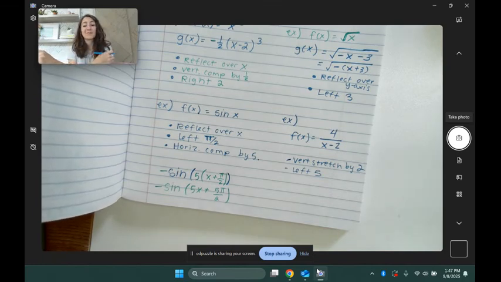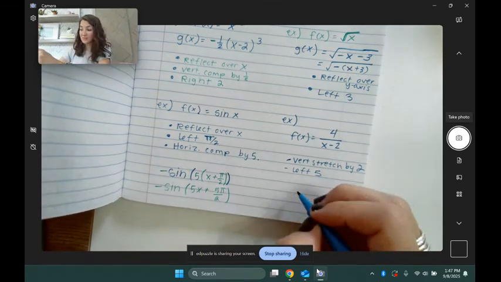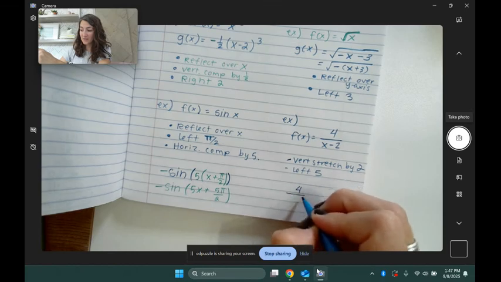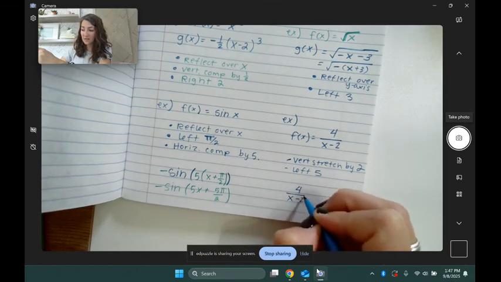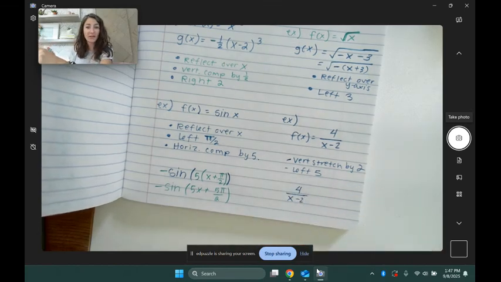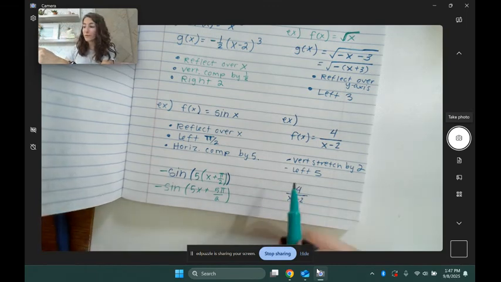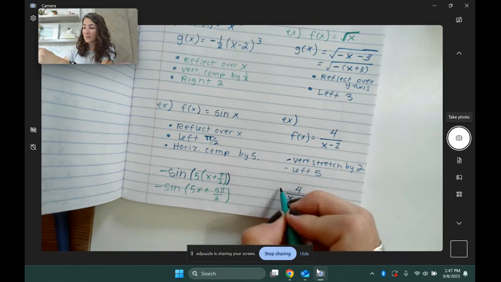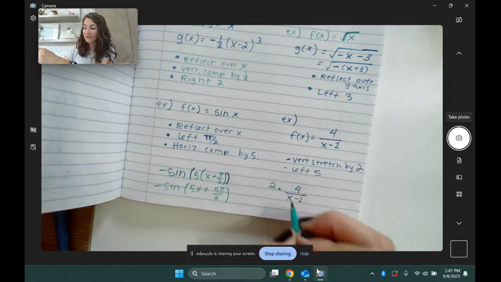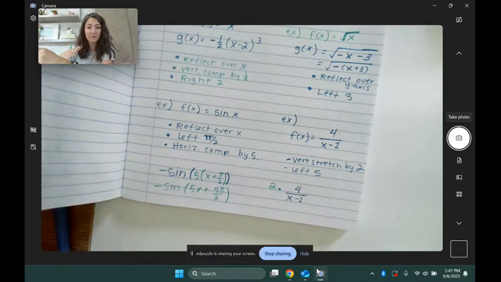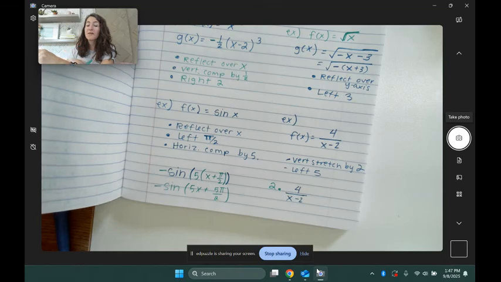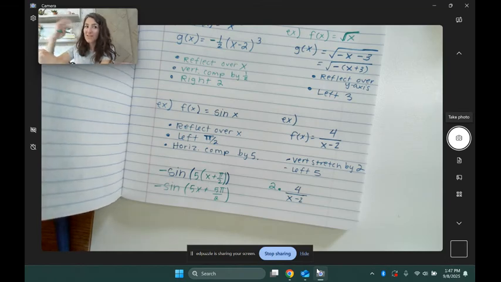So a vertical stretch by 2, same idea, I'm just going to write out my function exactly as it was, kind of the shell of it, and then I'll add these two things in. So a vertical stretch by 2, that's going to multiply outside the function. And to move something to the left, that's going to be inside the function.